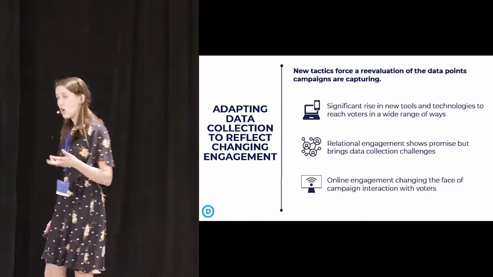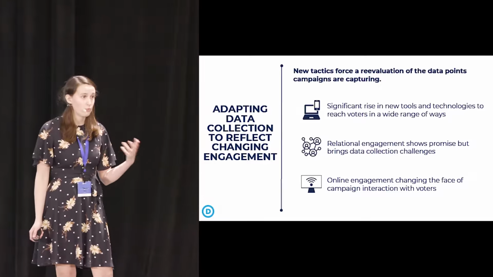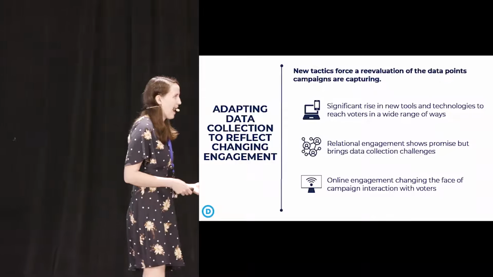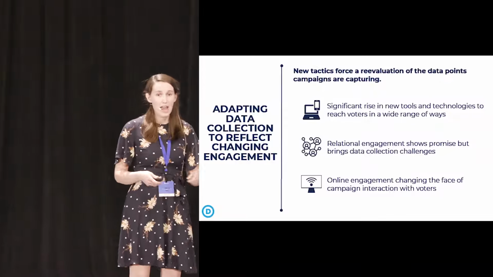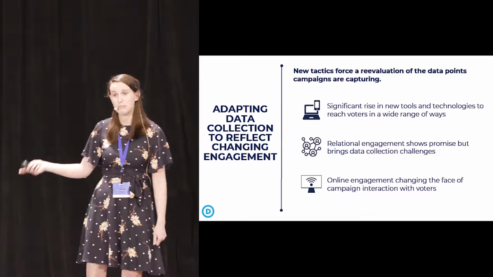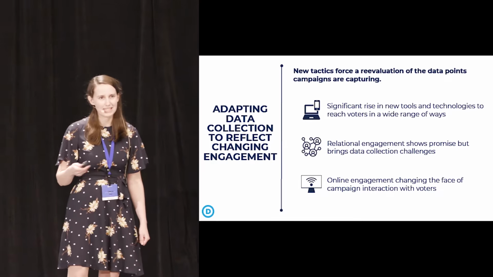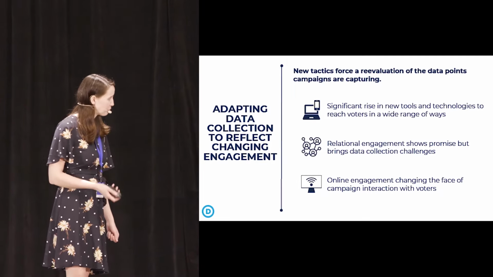But we know that fully measuring the effect of relational organizing requires a new form of data capture. Understanding how social networks actually map to moving people to vote, and what messengers are most effective over time at mobilizing people they know to turn out.